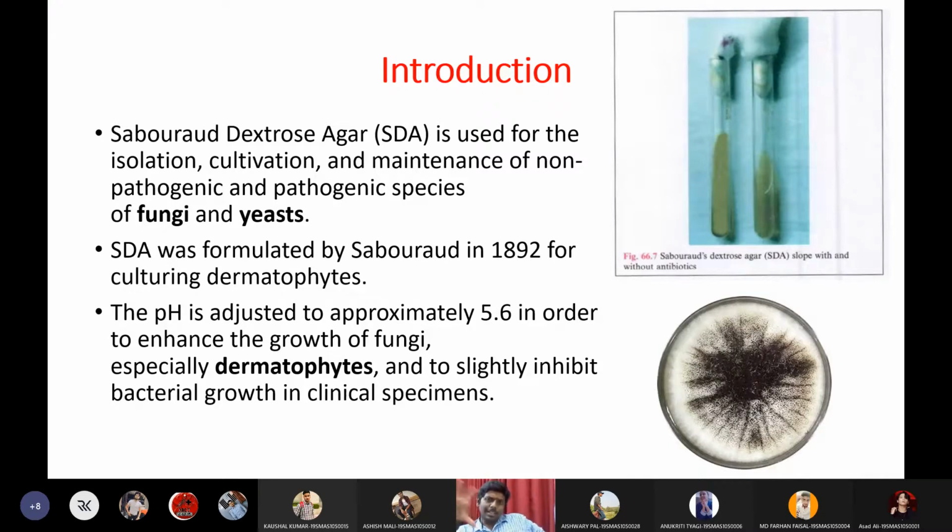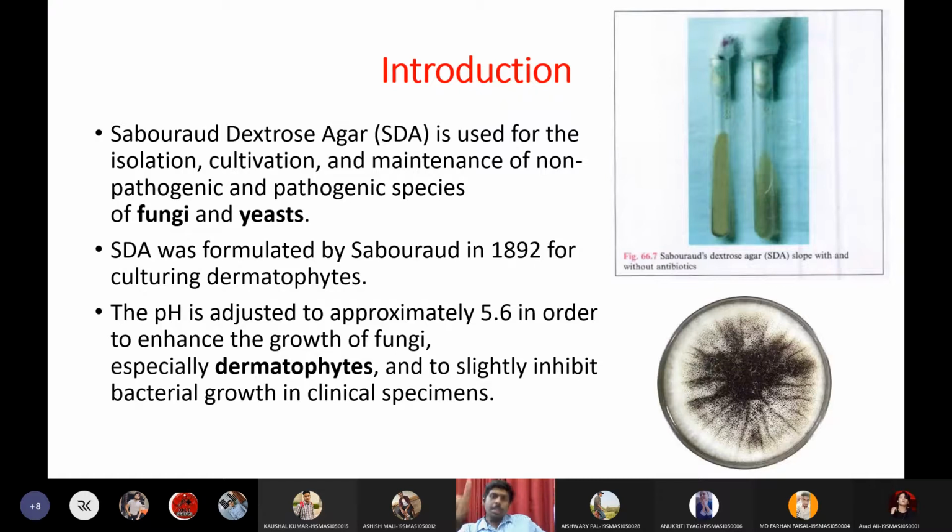That means it has something that can inhibit growth of contaminating fungi. So what is that something? That I will discuss later. Then this SDA also won't let bacteria grow on this media. Usually we use media like MacConkey, blood agar, and chocolate agar especially for growth of bacteria, and bacteria can also grow in SDA.